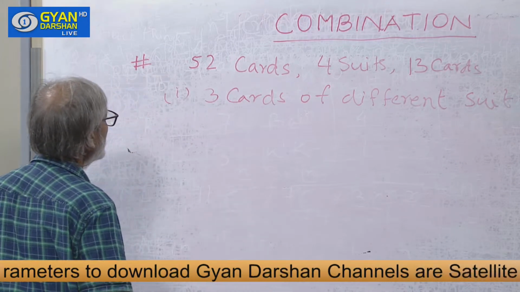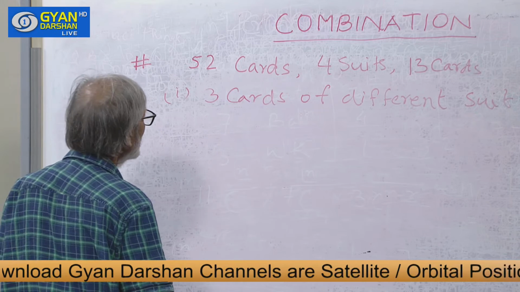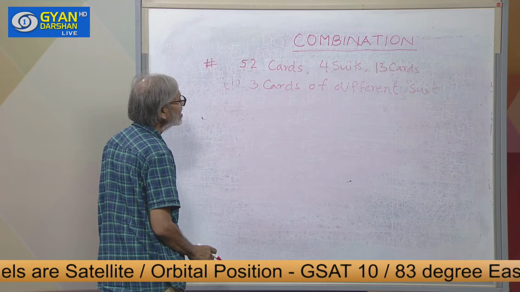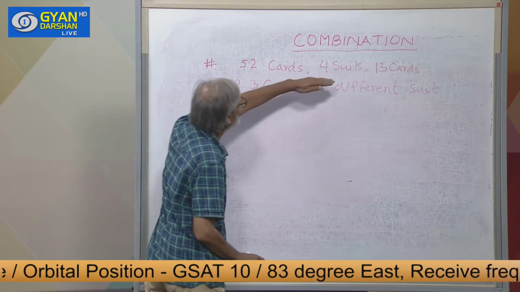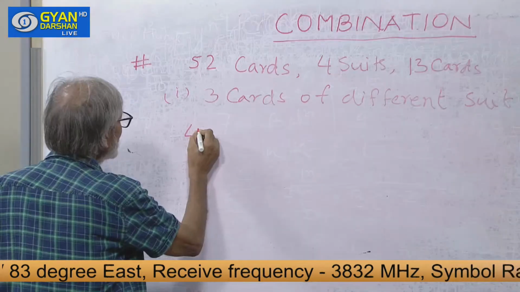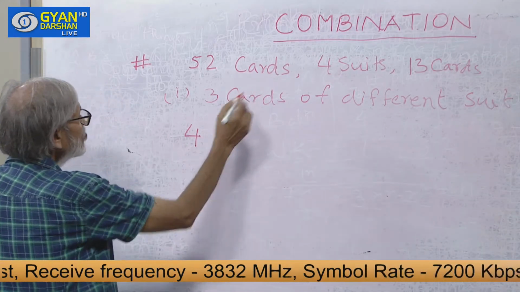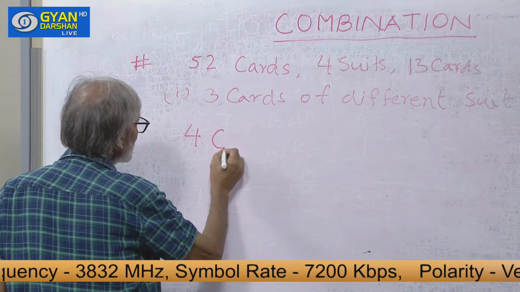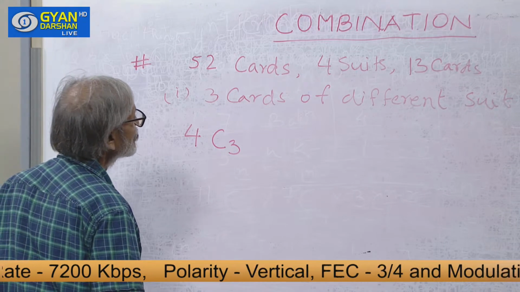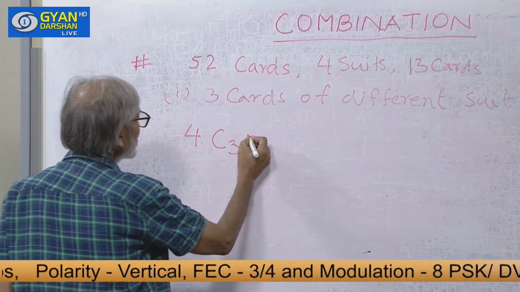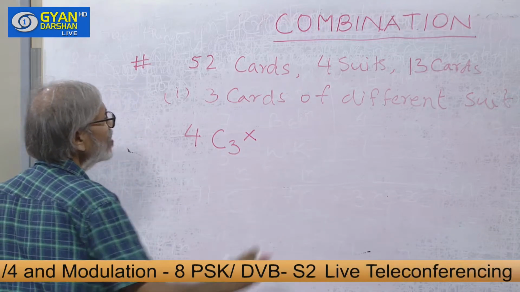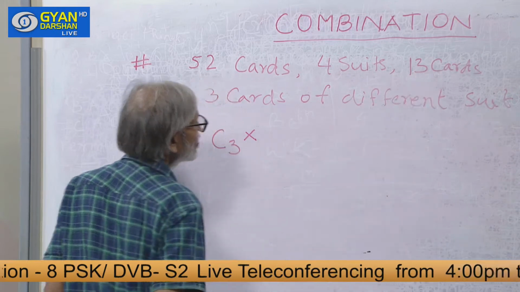So, first you have to choose the 3 suits out of 4, because there are 4 suits. So, you can select 3 out of these 4 suits in 4C3 ways, and then out of these 3, in one suit there will be 13 cards.